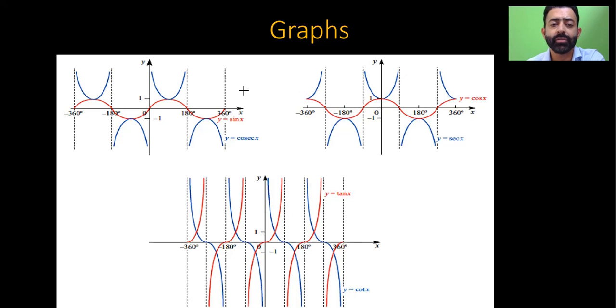These blue ones are new graphs, the reciprocal graphs of sin theta, cos theta and tan theta respectively. I will try to sketch the graph of cosec theta, and along the same lines you may be able to sketch the graphs of the other functions, sec theta and cot theta. So let us quickly sketch the graph of cosec theta and understand how we can sketch this blue curve.